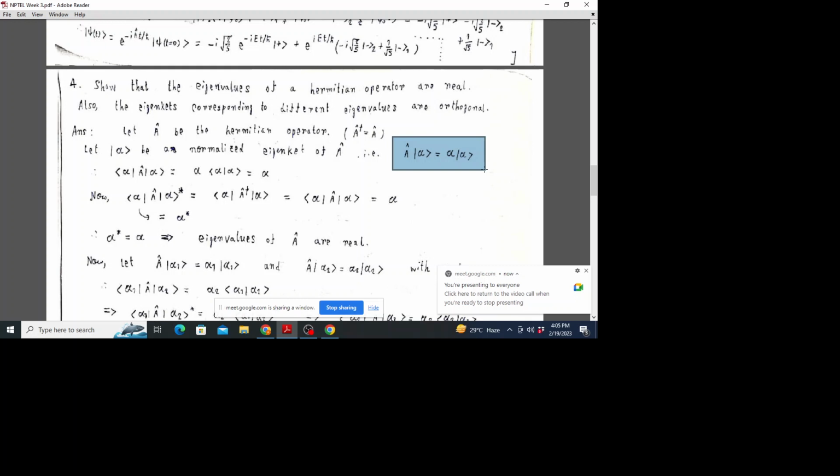Please don't be confused by the notation: the alpha written outside the ket is a number, and the alpha inside the ket is the state.